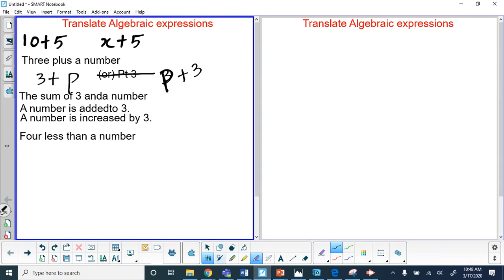Then the answer is: a number is represented by a variable p and 4 less, so it's subtract 4. Now, can you write this as 4 subtract p? No, I cannot. Because if you switch the two numbers when you subtract, the answers are going to be different.